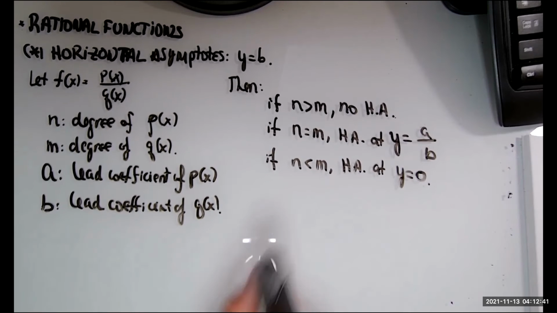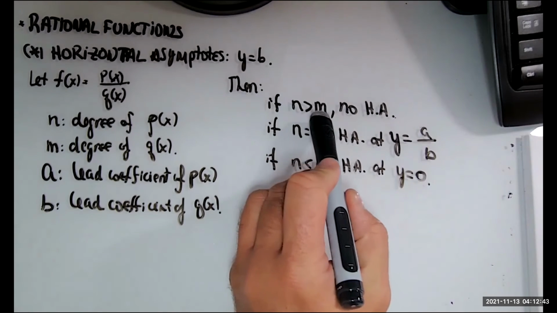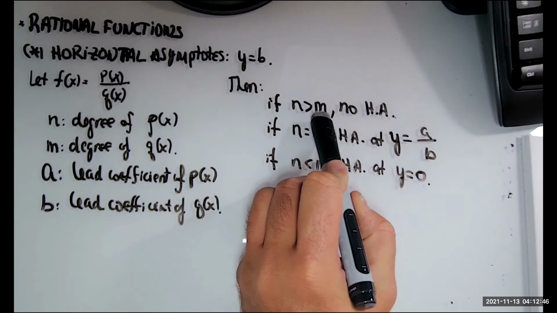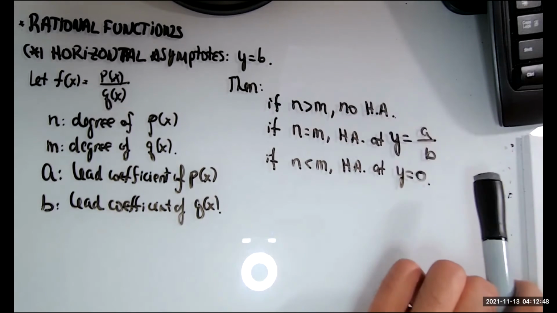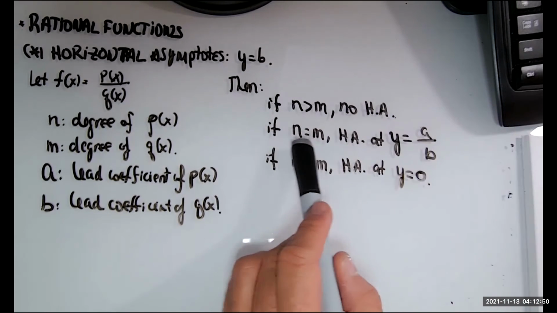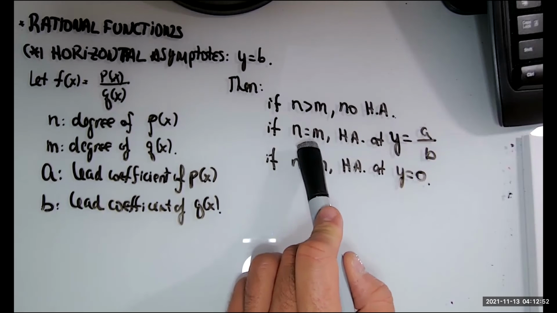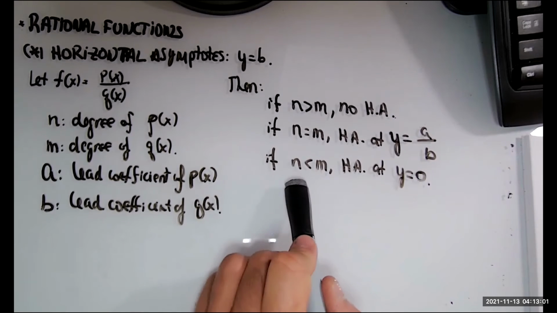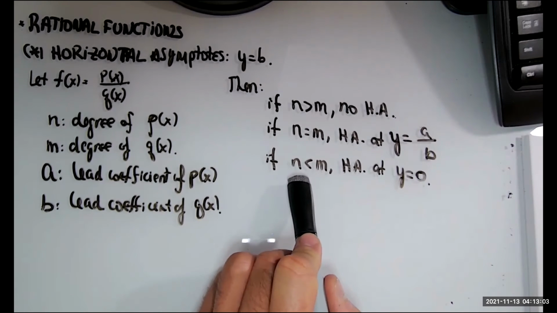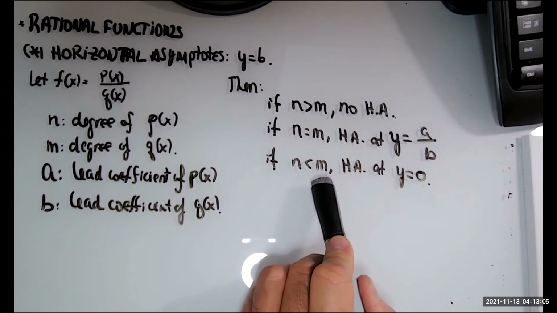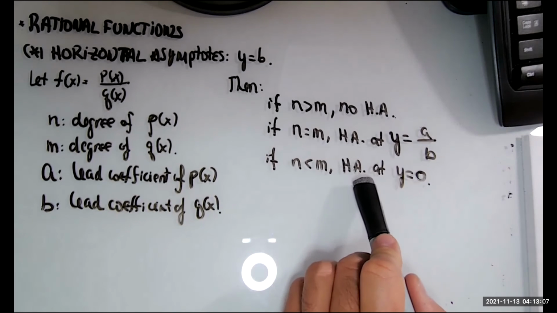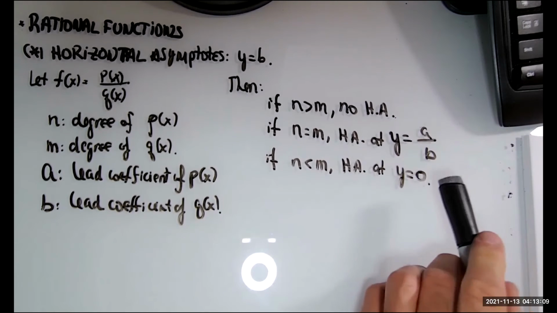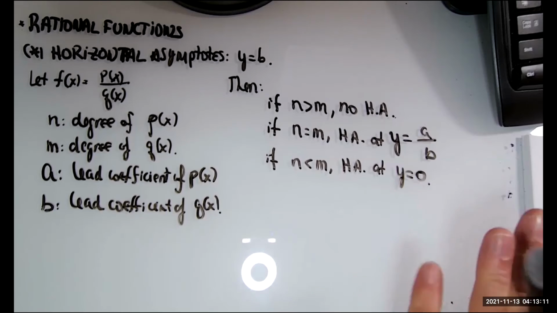Then, if the degree of the numerator is higher than the degree of the denominator, we simply say there is no horizontal asymptote. If the degrees are the same, then we look at a over b, the quotient of the lead coefficients. And if the degree of the numerator is less than the degree of the denominator, then we have a horizontal asymptote at y equals 0.